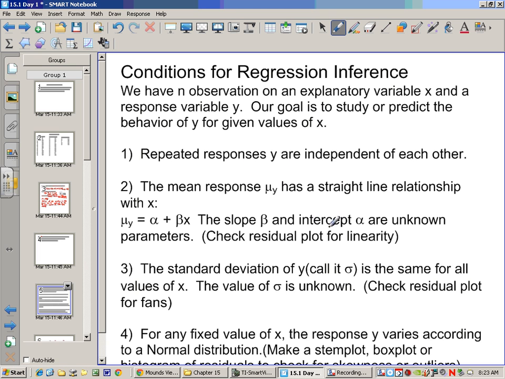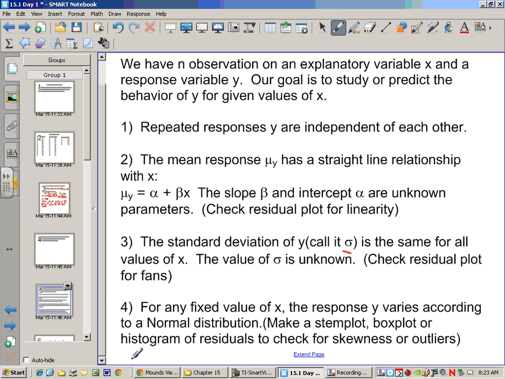So what we do is we check the residual plot for linearity. We also want to check the standard deviation of y, which we call sigma, and make sure it's the same for all values of x. That sigma is unknown, so we just check the residual plot and make sure there aren't any major fans.